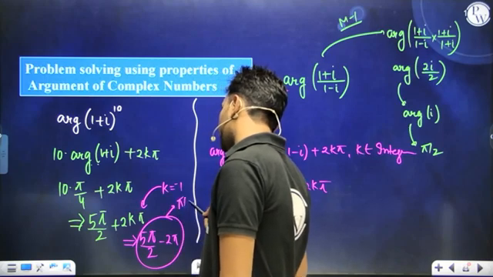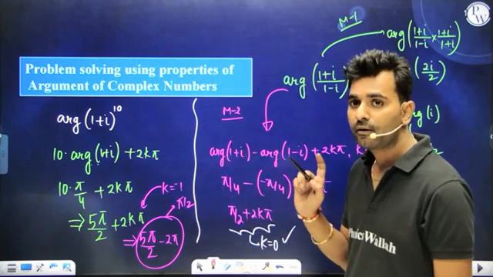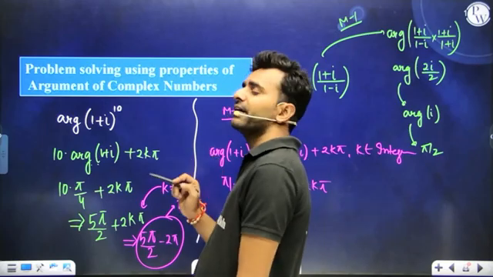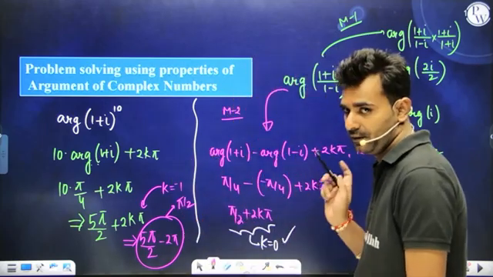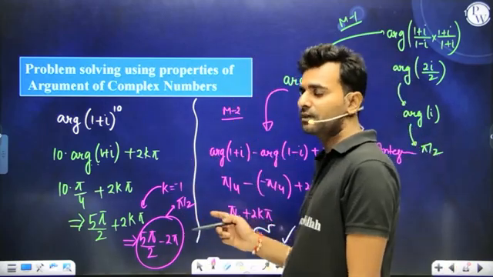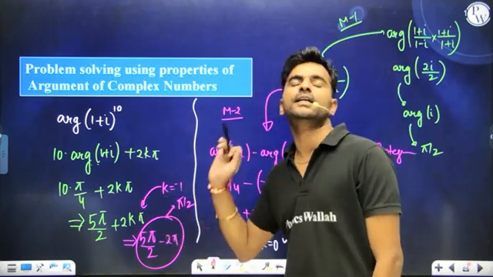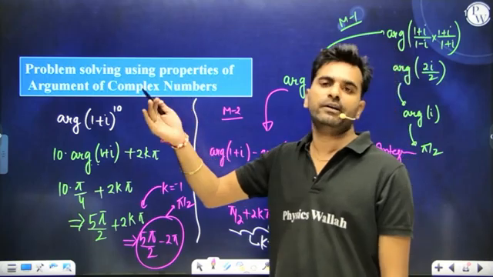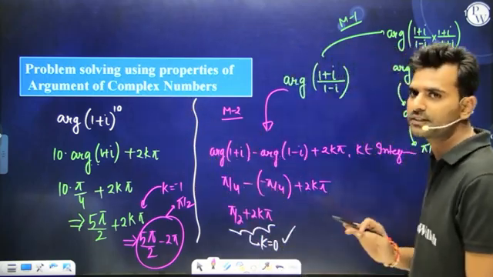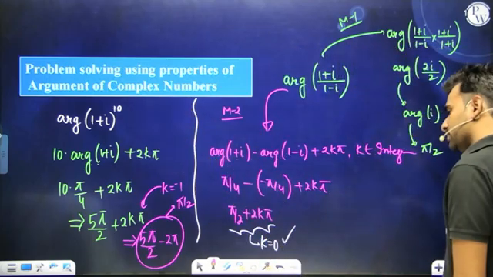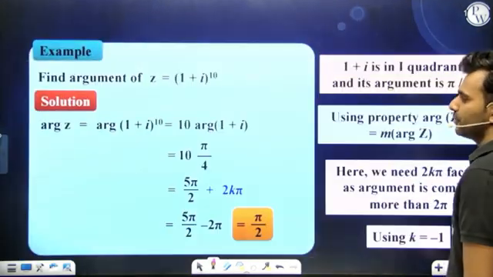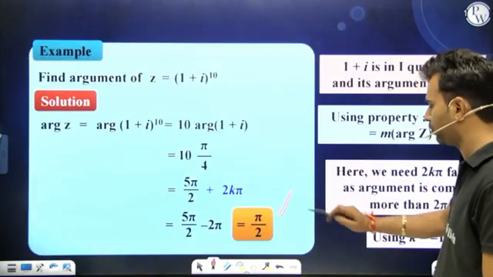So this value will come in the principal argument, between minus pi to pi. This 2k pi is there so that ultimately you can bring that value into the principal argument. Otherwise there is no role of this, and the problem can be easily solved using these properties. So pi by 2 was the answer.